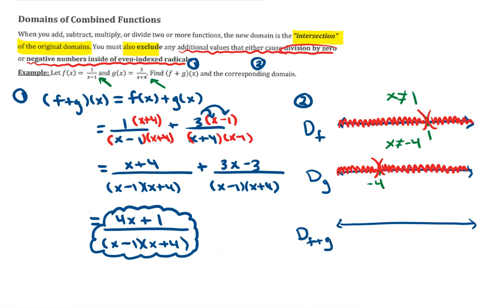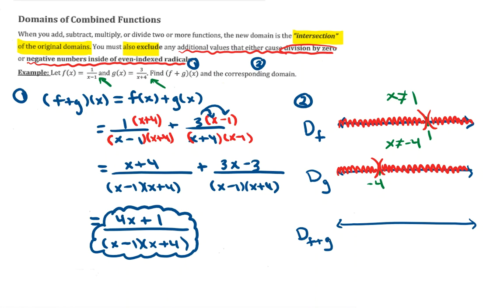Let me phrase that a different way. The only thing that's not in common between the number lines for d sub f and d sub g are the numbers that we're skipping. Everything else is fair game. So what's not in common is the 1 and the -4, meaning that every number other than 1 and -4 is being shaded in both number lines.